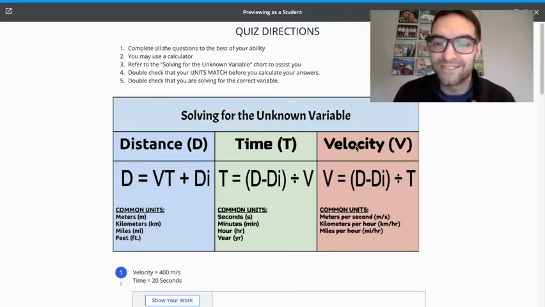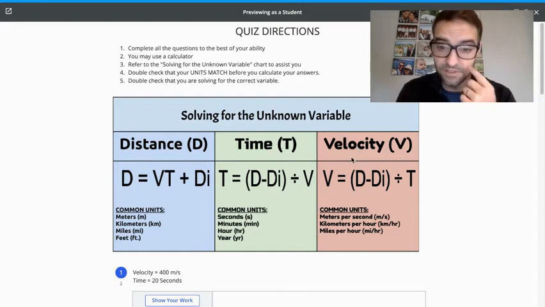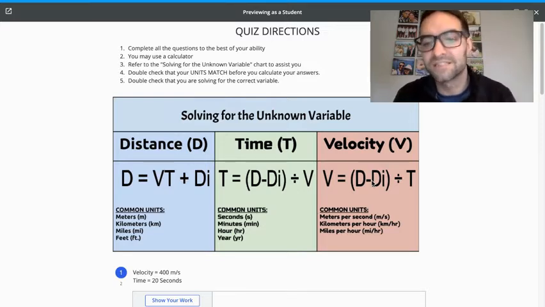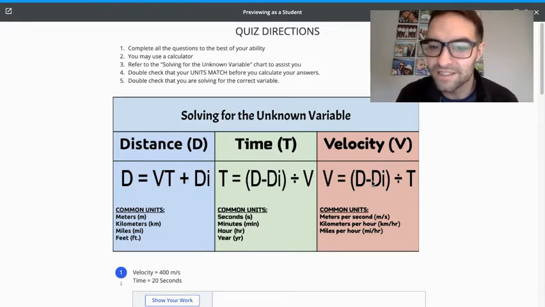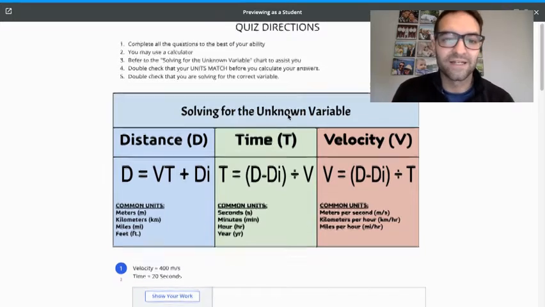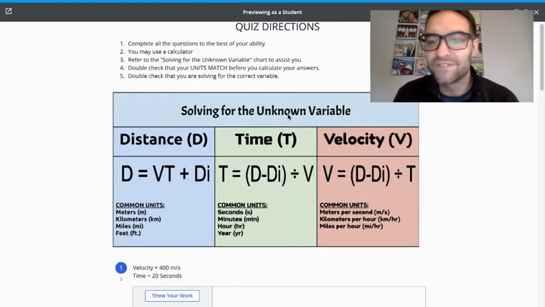Then we concluded with velocity and again rearranged the equation just a little bit, but with distance and time, we can then determine how fast something traveled, what the velocity was throughout that scenario. And so I put this table here for you because you're going to be solving for the unknown variable. Really, you've done these three things.